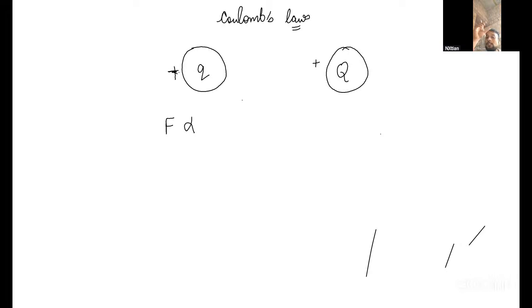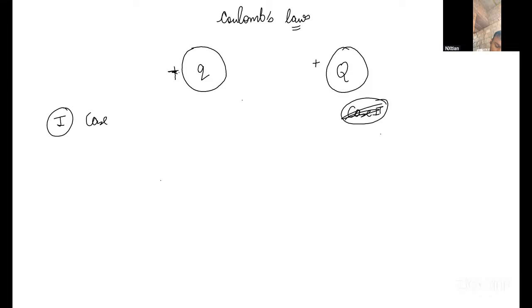The force between the two charged objects will always be proportional to the product of their charges. I will make you understand one more time. Please pay attention. We have two cases: this is case number one, and this is case number two.